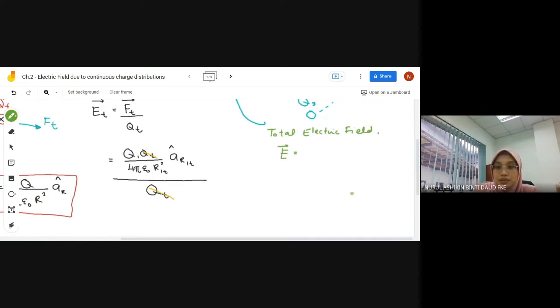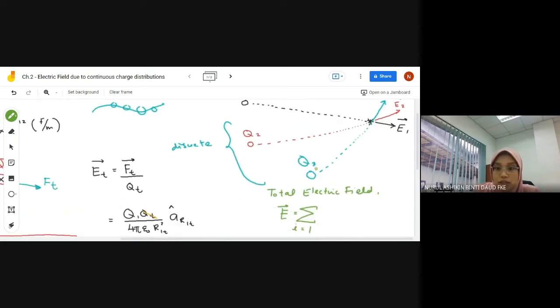So we can use sigma here, where i starts from 1 up until 3.